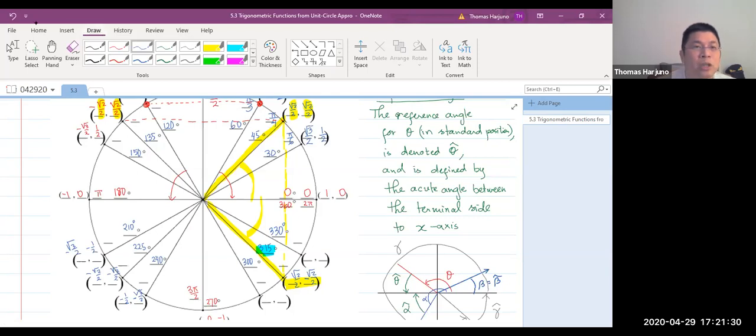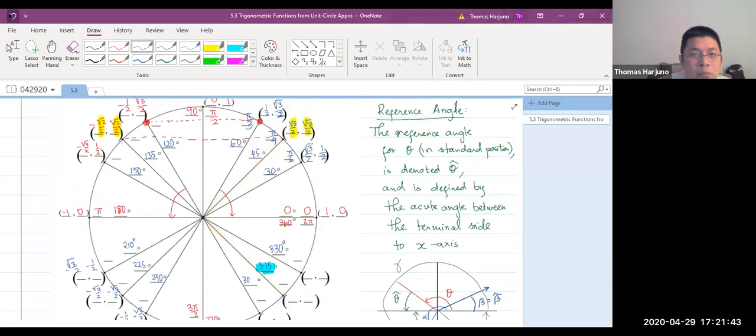Okay, that's how we do it. So the coordinate here is positive radical 2 over 2 for the x component, and for the y component, negative radical 2 over 2.